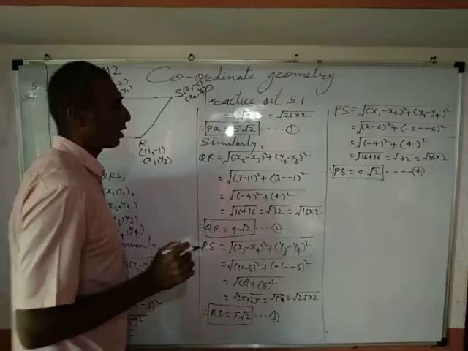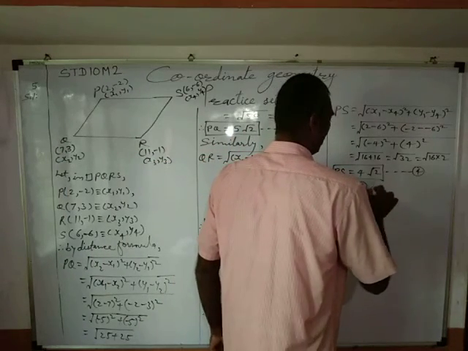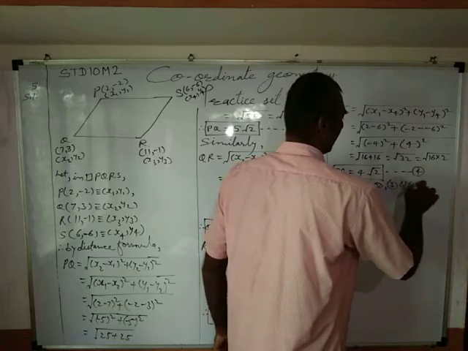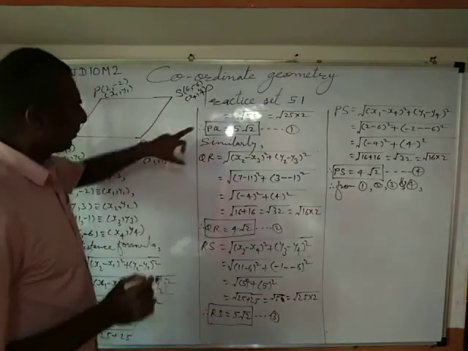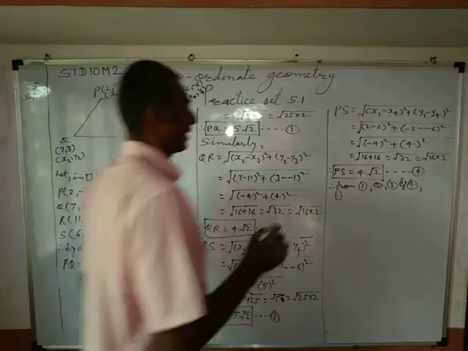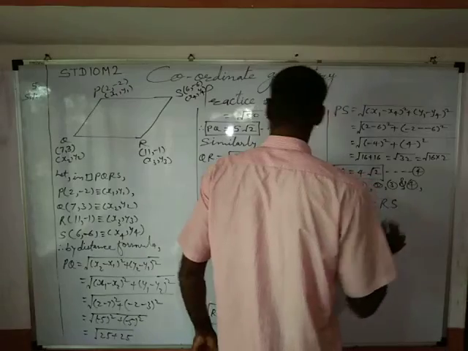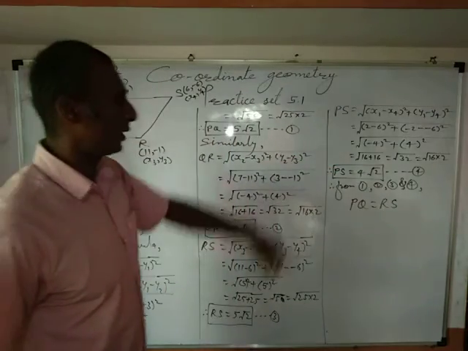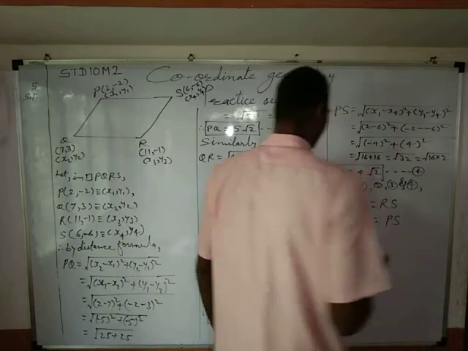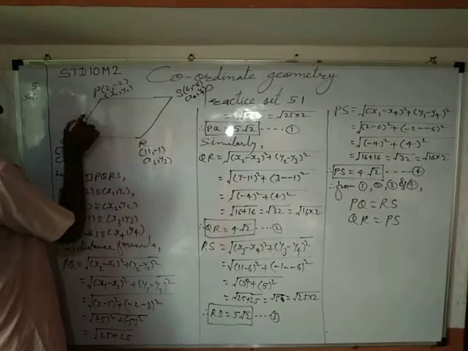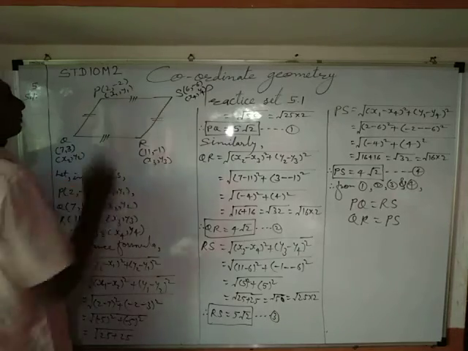And therefore from 1, 2, 3 and 4, PQ equals RS, and QR equals PS.